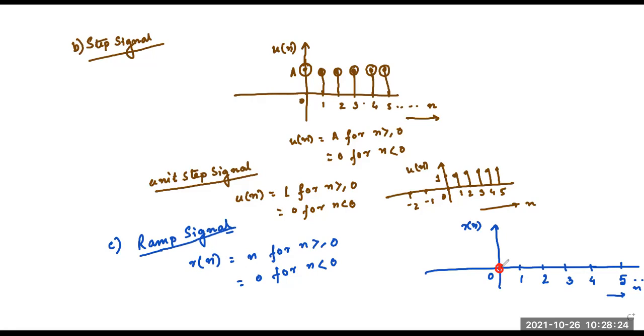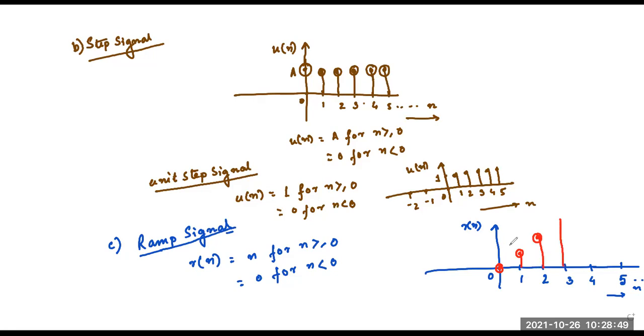At 1, what will be the value? Anybody? Zero, sir. No. One, sir. Yes, 1. At 1, it will have the value of 1. At 2, it will have the value of 2. At 3, it will have the value of 3.